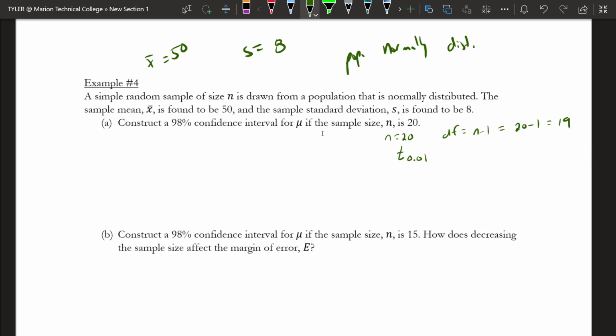So that's equal to my t alpha divided by 2. Remember, if I take 100% minus 98%, I'm getting that alpha value, so that would be 2% left over, so 2% divided by 2 is 1%. So we get t sub 0.01.